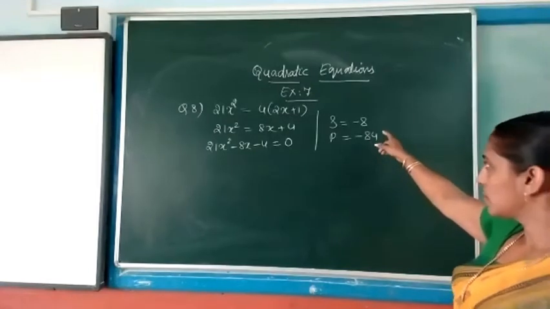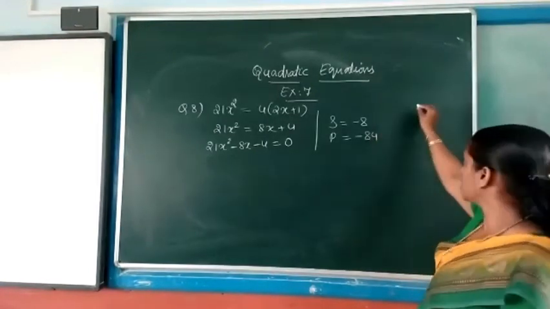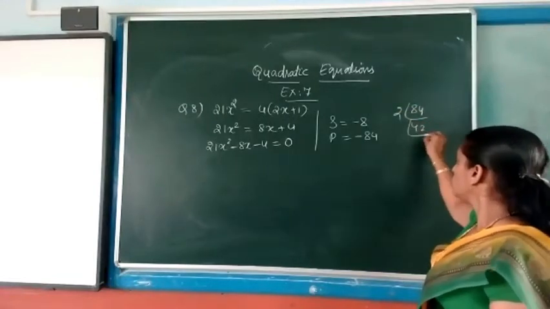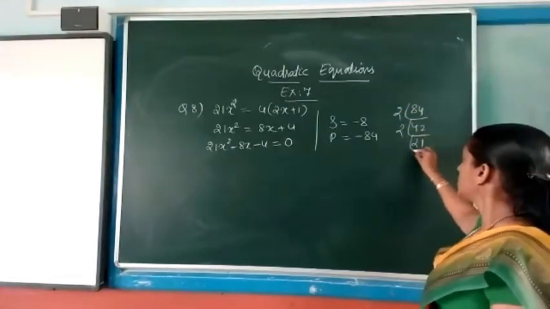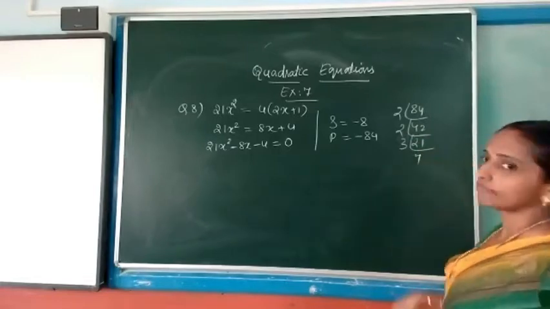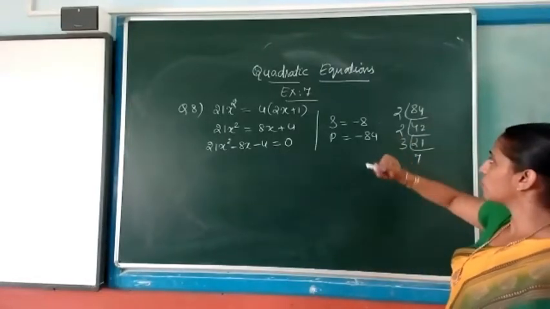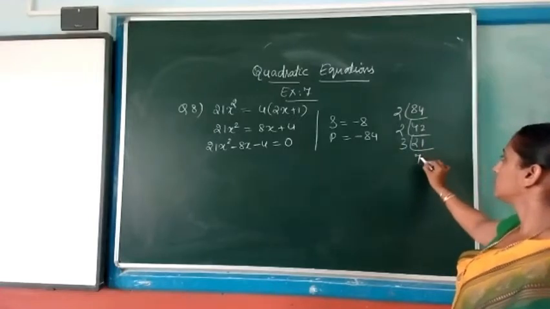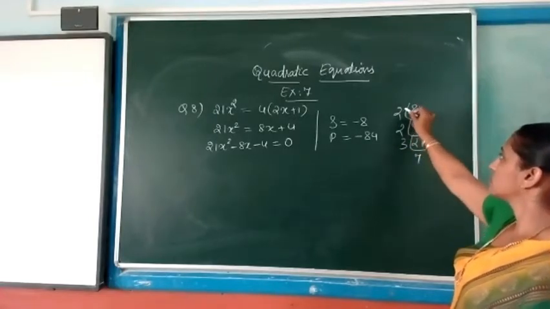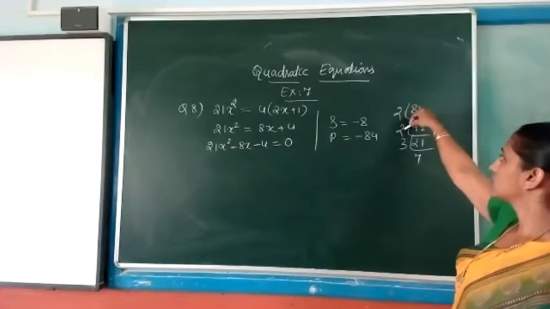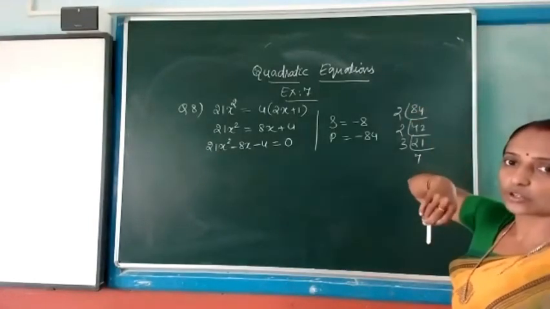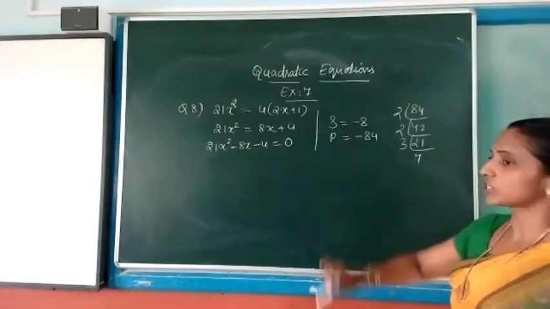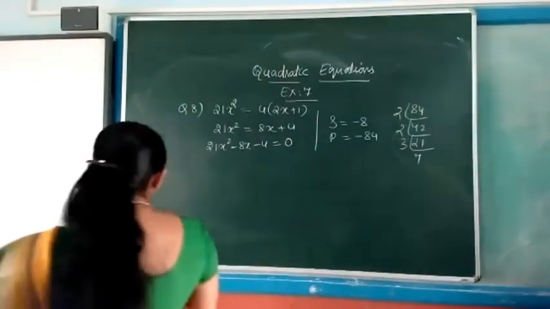If you are finding difficulty, you will factorize 84 to 42 to 21, 3, 7. 21 or 4 not possible, 42, 2 not possible, then 7, 12 is also not possible, so you will interchange it. 7 2s are 14, 3 2s are 6, 14 and 6 possible.